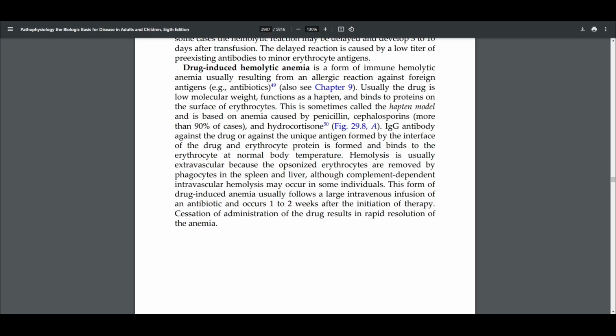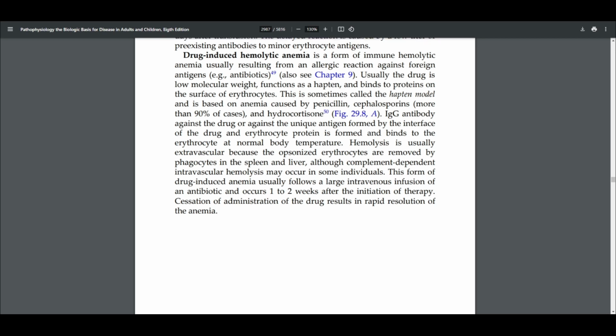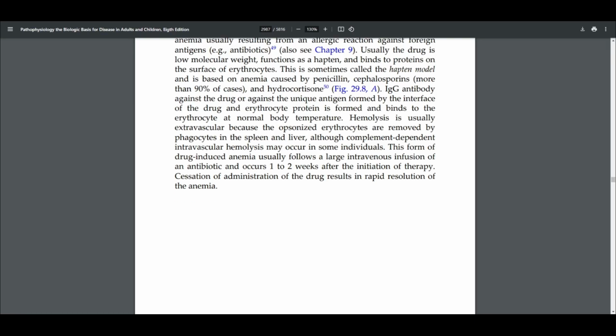IgG antibody against the drug or against a unique antigen formed by the interface of the drug and erythrocyte protein is formed and binds to the erythrocyte at normal body temperature. Hemolysis is usually extravascular because the opsonized erythrocytes are removed by phagocytes in the spleen and liver.